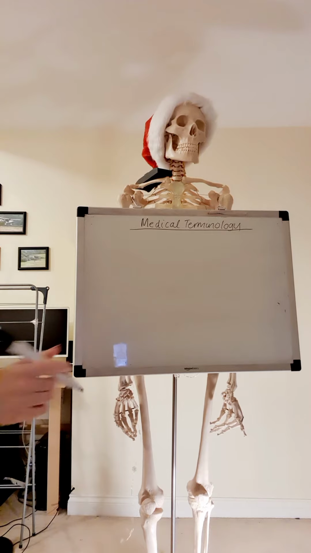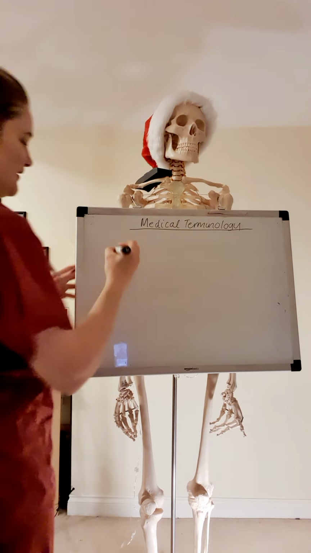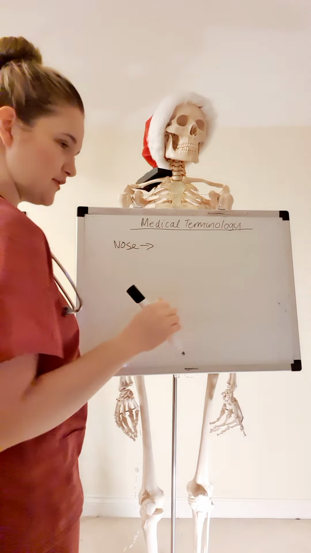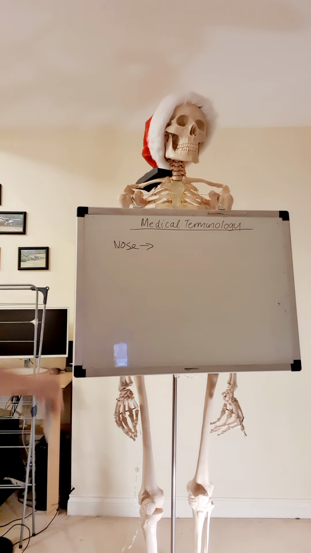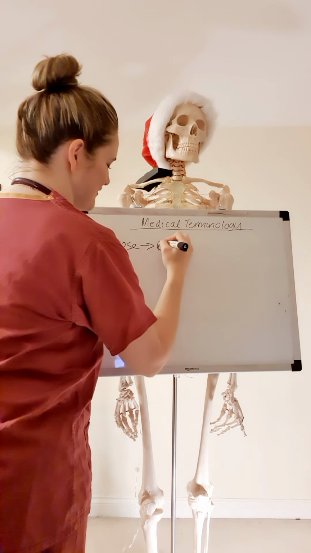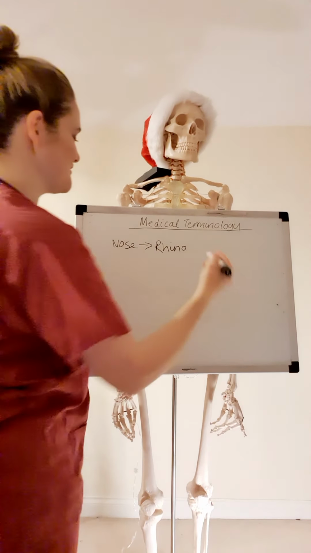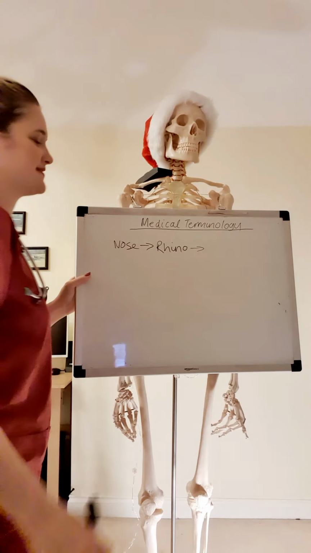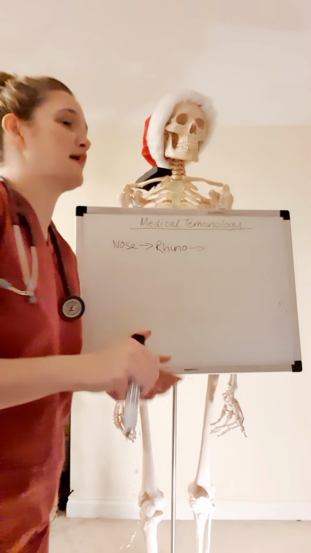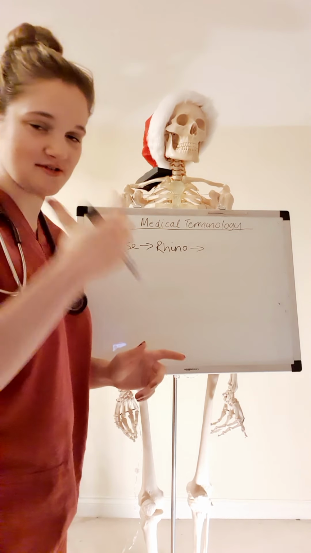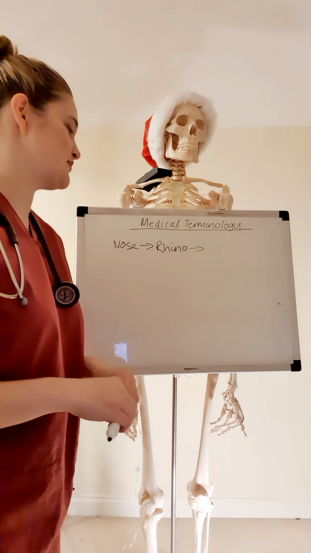And then here's one I want to relate back to A&E. So if we look at the nose, no, I've already done the face. I've skipped past the nose for some reason. Not important apparently. So the nose is rhino. What a fantastic way to refer to the nose. And the way that I remember this is at work when someone comes in with a nosebleed, known as epistaxis, which is bleeding from your nose.